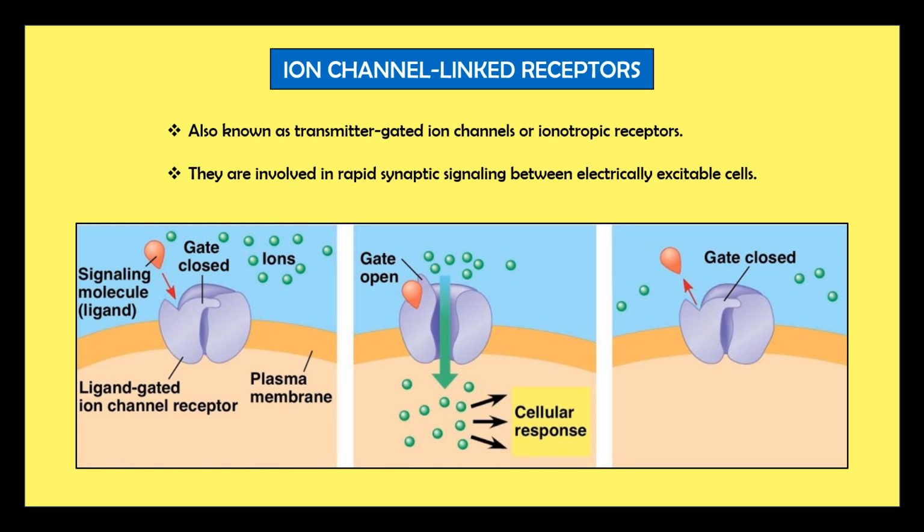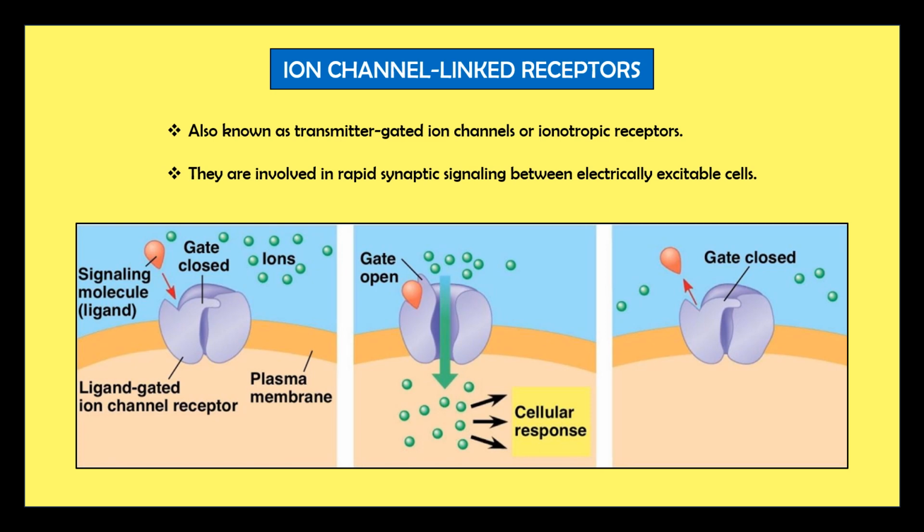When we studied the transmission of nerve impulse, these types of receptors are present in the nerves. This type of signaling is mediated by a small number of neurotransmitters that transiently open or close an ion channel formed by the protein to which they bind, briefly changing the ion permeability of the plasma membrane and thereby the excitability of the postsynaptic cell.